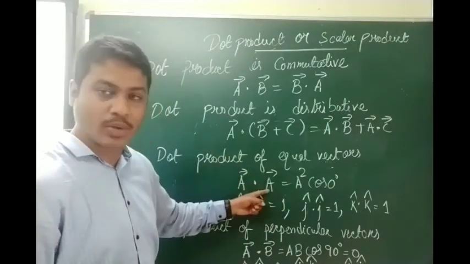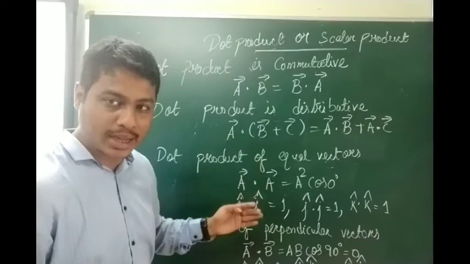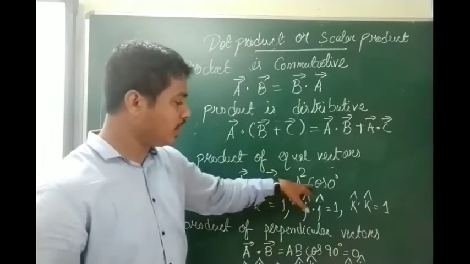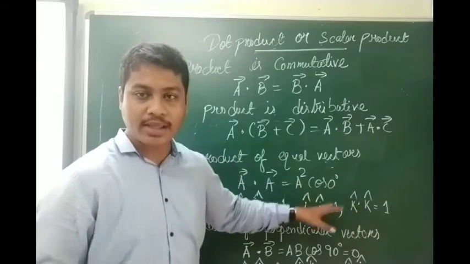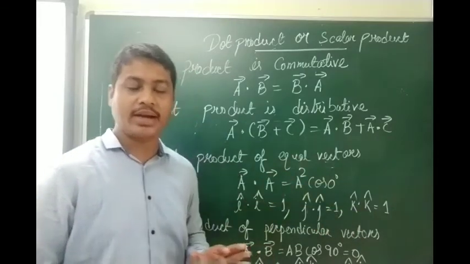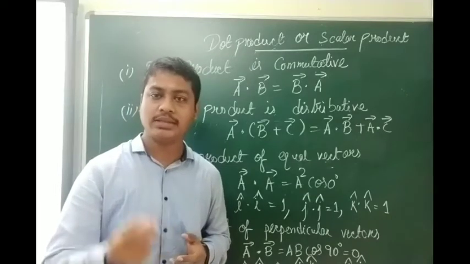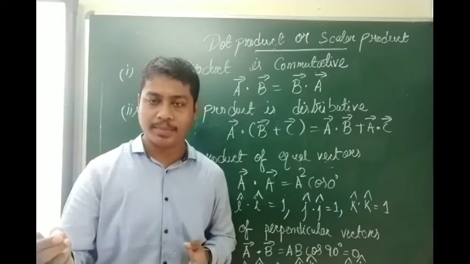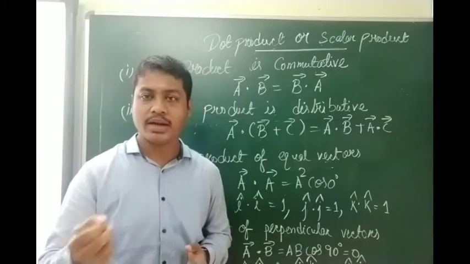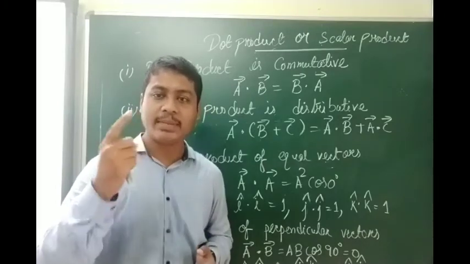B is equal to A, so in place of B I have put A. A dot A will be equal to A square cos 0 degree. Why 0 degree? Because we have already discussed that the angle between equal vectors or parallel vectors is 0 degree.